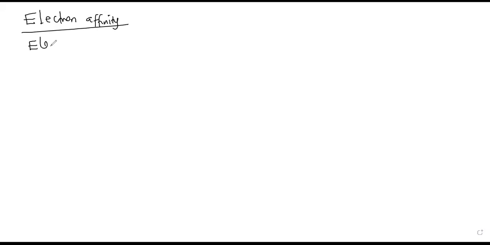We shall have element, we shall have atomic number, and we shall have first electron affinity, let me say EA, kilojoules per mole.